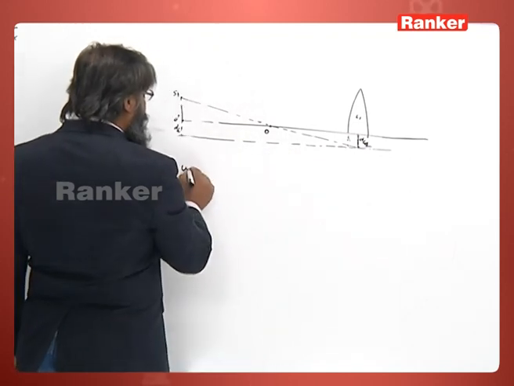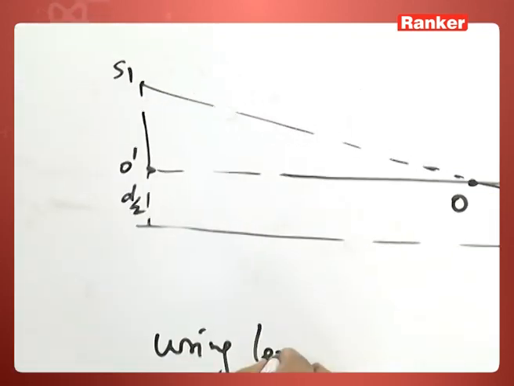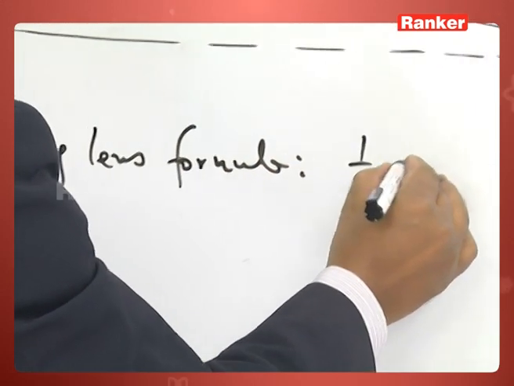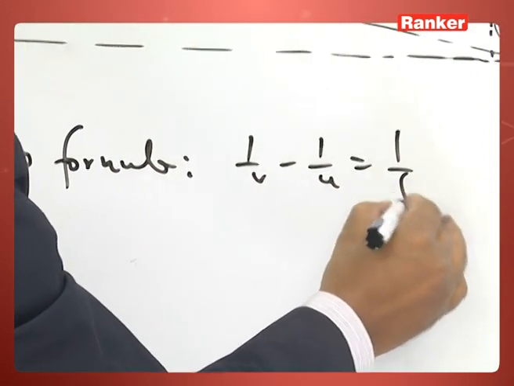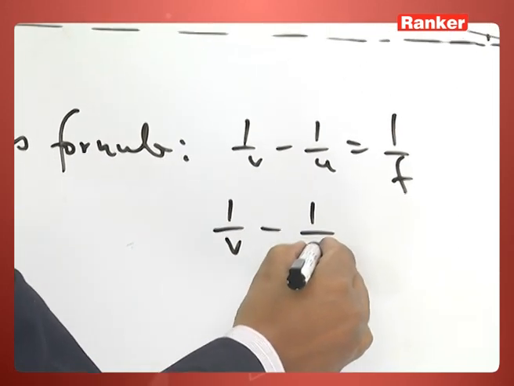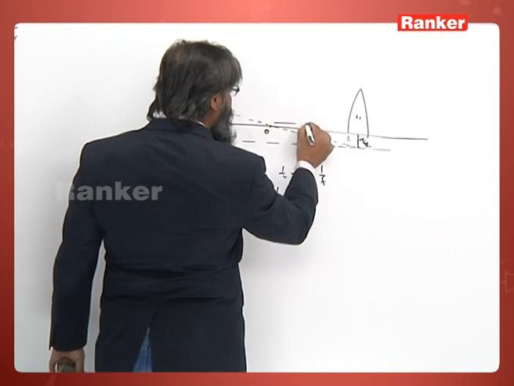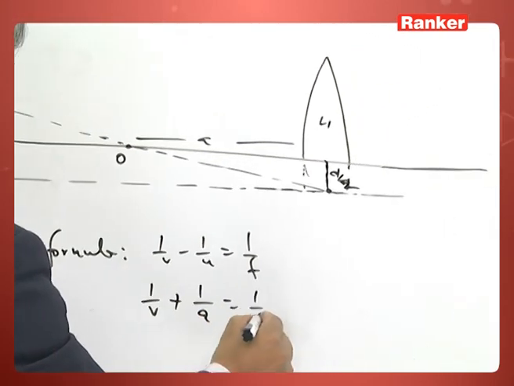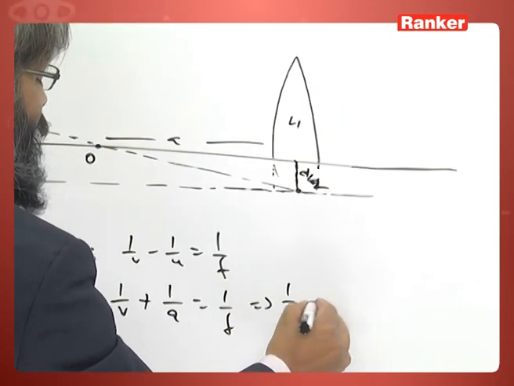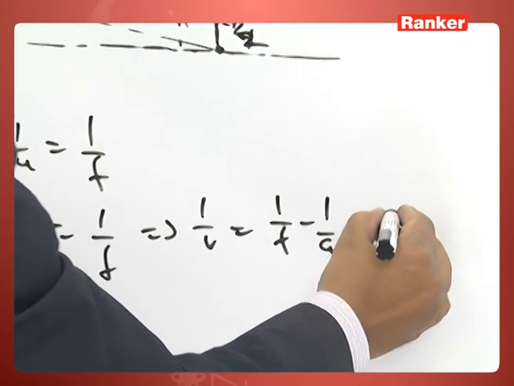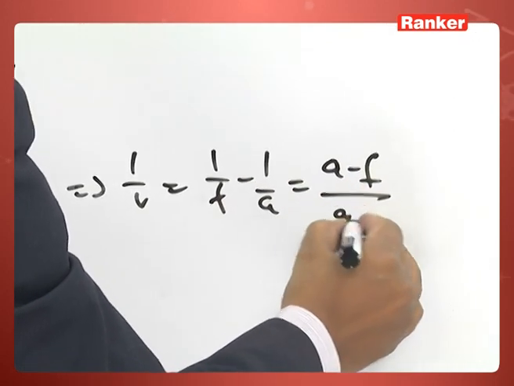Now, using the lens formula, 1 by V minus 1 by U is equal to 1 by F. Here V is required, and U is, suppose this distance is A, given. So A is negative, and the focal length is F. This implies 1 by V is 1 by F minus 1 by A, which is equal to (A minus F) by AF.